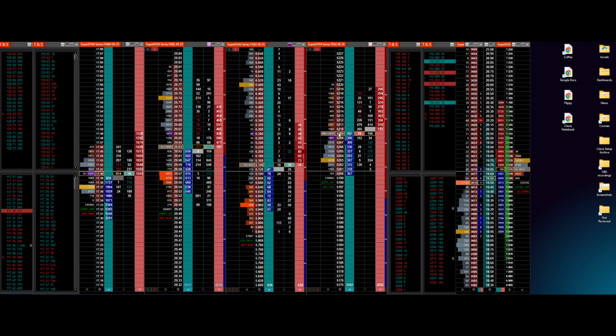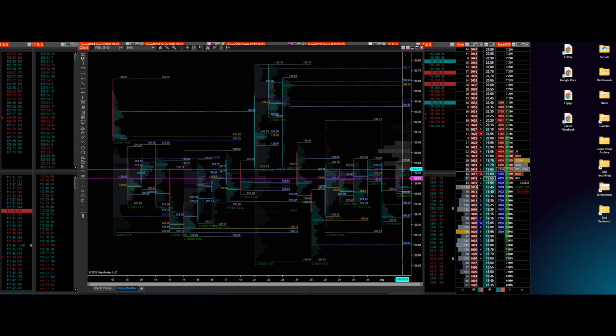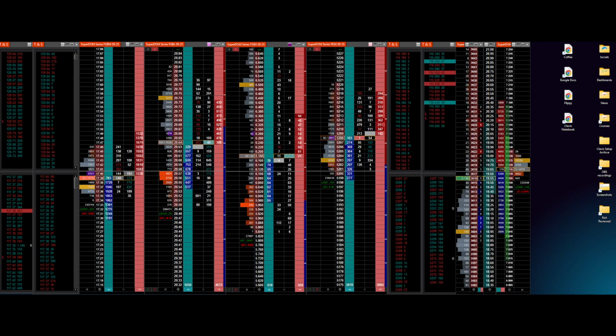You will notice that I have a few DOMs or depths of markets on my screens. And this is what is actually happening in the markets. If we look at a chart like this daily profile, it will tell us what has happened in the markets, but just like driving a car only looking in the rear view mirrors, you don't see what is in front of you.